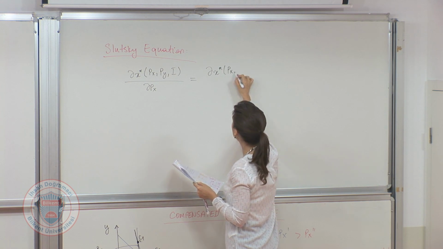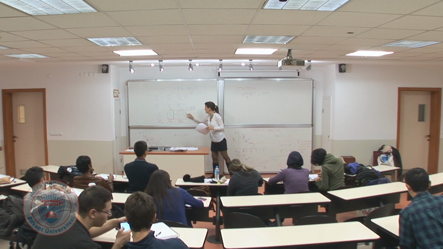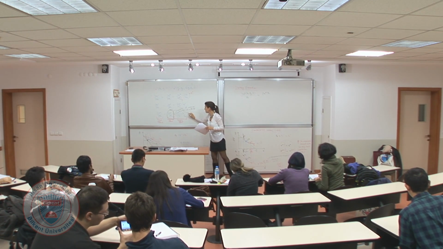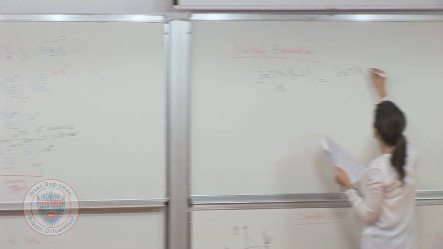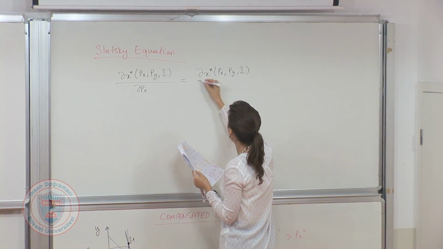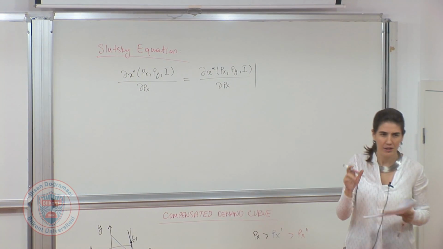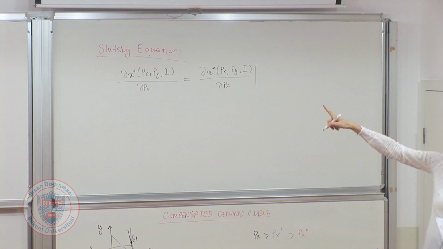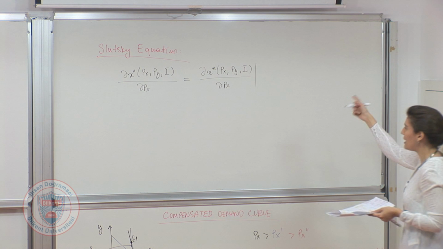I'll write this, but know this, okay? With the little twist that I'm going to write x star instead. So px, py, I, del px. You see that this is weird. This is not how we write this. That's why I wanted to give you this first. But he wrote it like this.